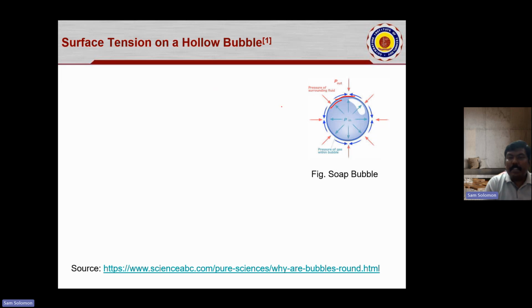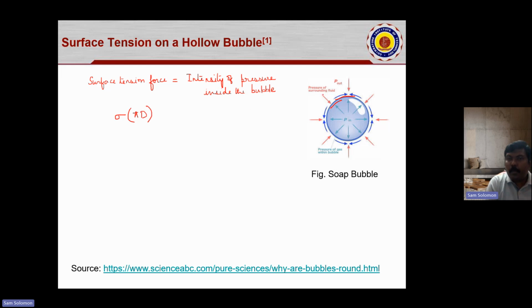Just like in the previous case, the surface tension force should be equal to the intensity of pressure inside the bubble. So in this case, the tension is still going to be sigma, and it acts on the circumferential length, so we multiply it by pi d.